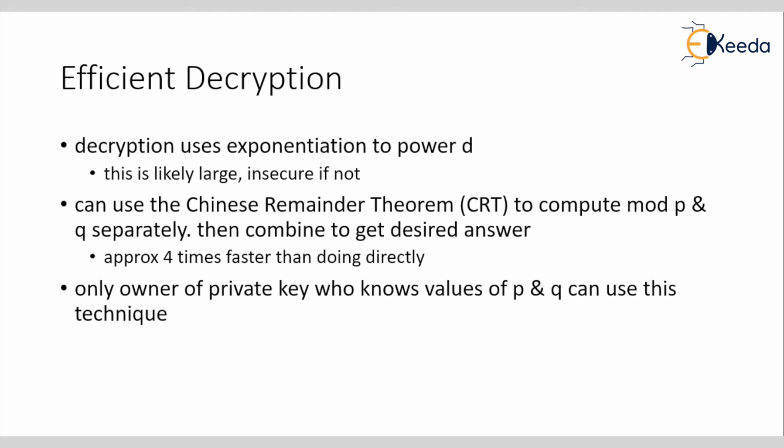Approximately, it is 4 times faster than doing it directly. Here, as the owner only knows the private keys, and he is the only one who knows the values of p and q, he can use this technique, and with the help of the Chinese remainder theorem, the receiver can easily decrypt the message and get the plain text back.